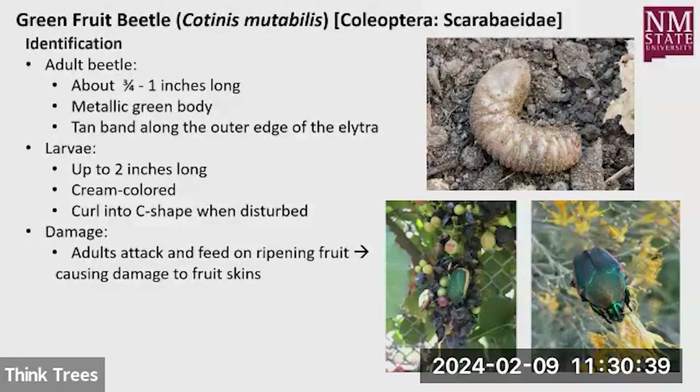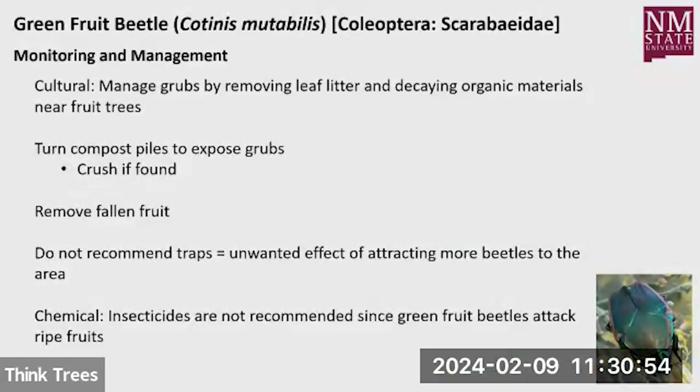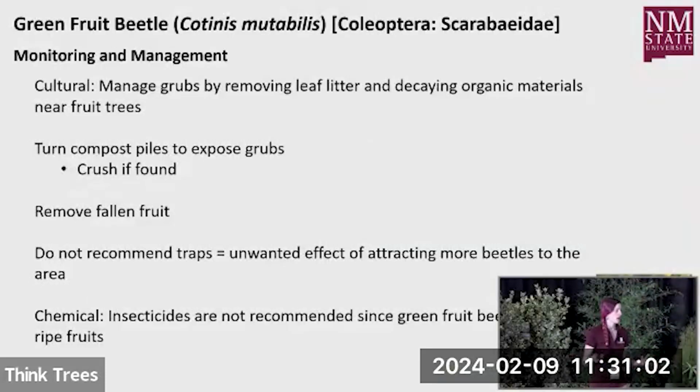The adults are pretty little things. They're shiny green beetles, very large, they can be over 1 inch long. And their damage, they go after ripening fruit. So they're just going after fruit when fruit's present. Thankfully, it's very easy to deal with them because you can manually crush them and destroy the beetles if you find them.